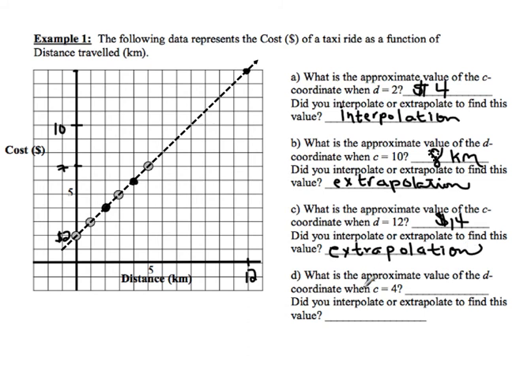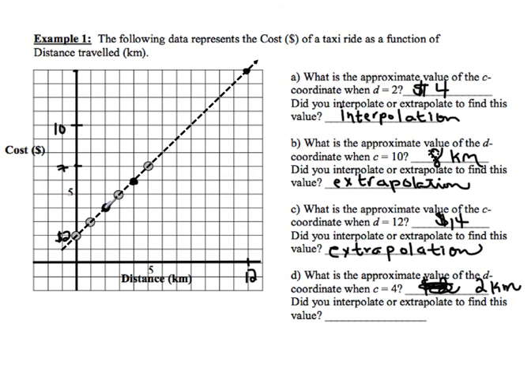Okay. What is the approximate value of the D coordinate when C is equal to 4? Okay. So C is equal to 4. This is 2, 3, 4. Oh, look at that. We're just going backwards from the one that we did in A. So it's 2 kilometers. Don't want to make any mistakes here. So $4 was here.